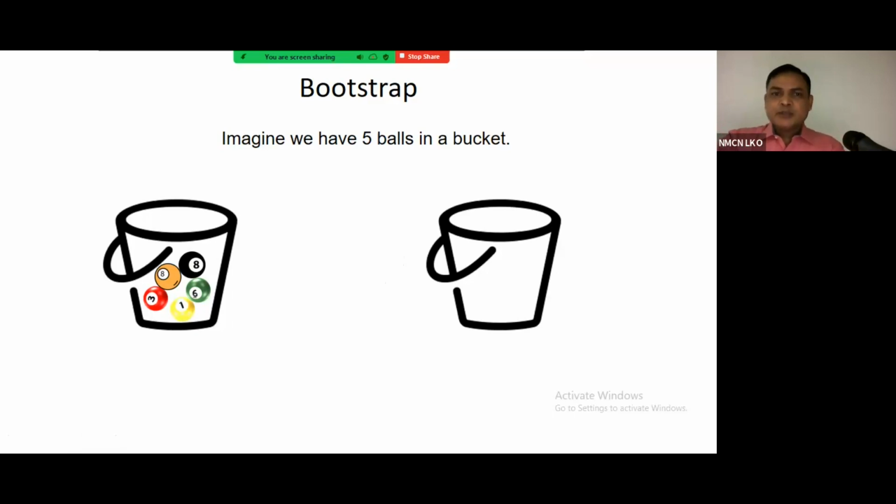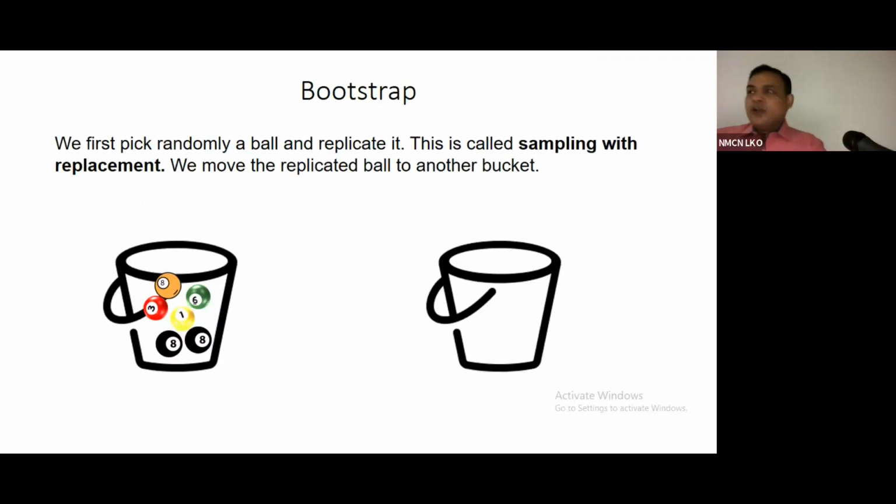So in the Bootstrap, I will explain through this pictorial method. Suppose we have 2 buckets. In one bucket we have 5 balls, and the other bucket is empty. What we are doing is picking a ball through a simple random sampling method, replicating this ball, and then putting the replicated ball in the empty bucket.